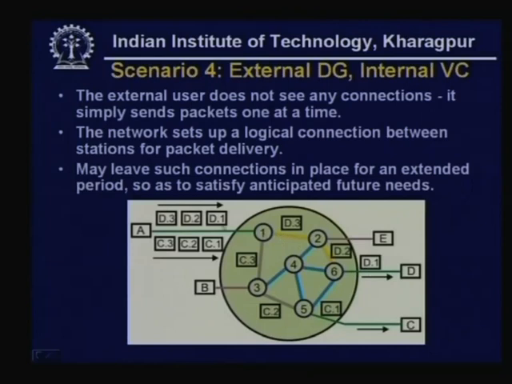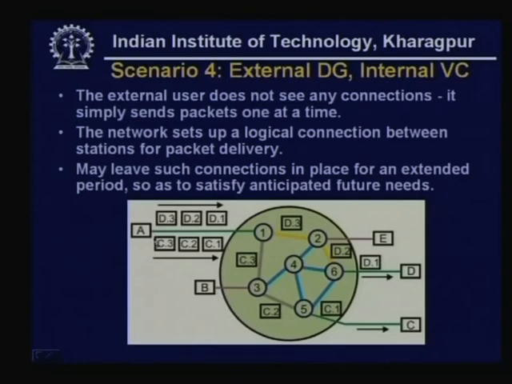So, since they have been given in the order D.1, D.2 and D.3, as you can see, they are going through the network in the same path and following the same sequence through the same virtual circuit. So, here also the order in which the packets are provided to the node, in the same order it goes, because inside it is virtual circuit.